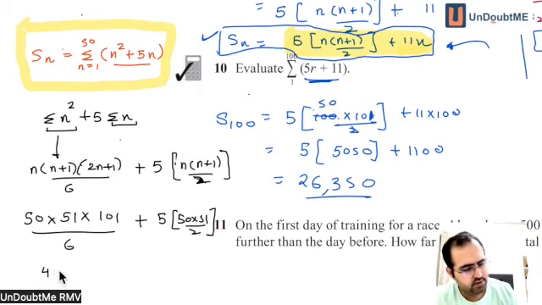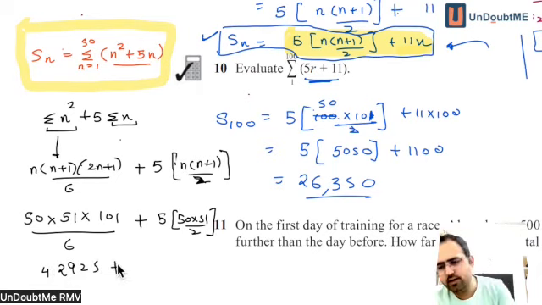So the first sum is 42925. The other one is 50 times 51 divided by 2 into 5. Plus 42925, I'm getting 49,300.